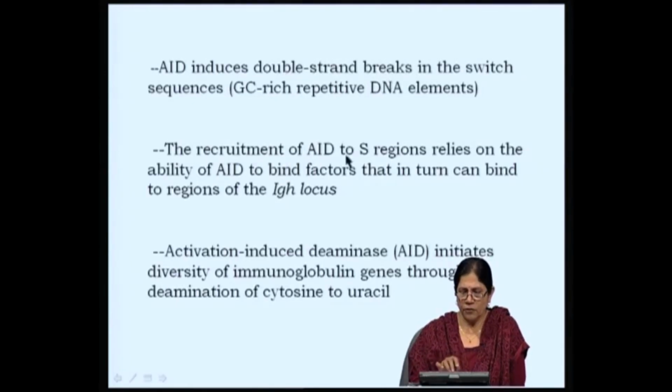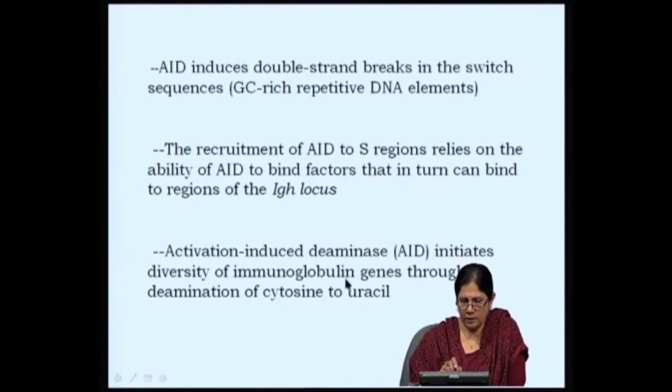Now, the recruitment of AID to the switch region is not by the recognition of the switch region by AID, but there are factors that bind to these regions and in turn recruit AID to this particular locus.